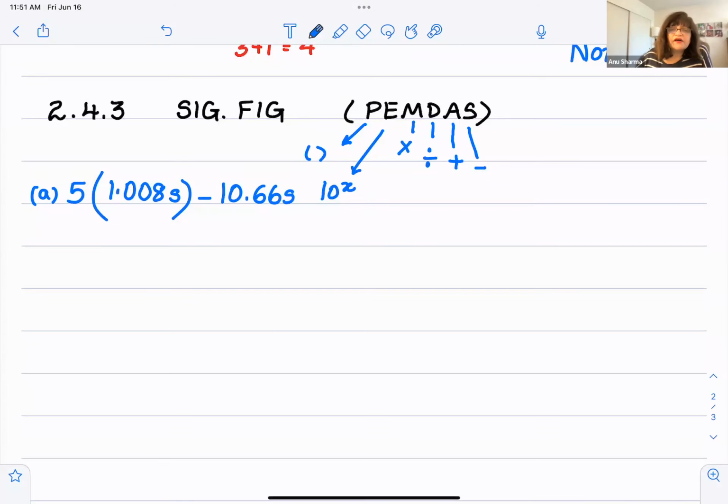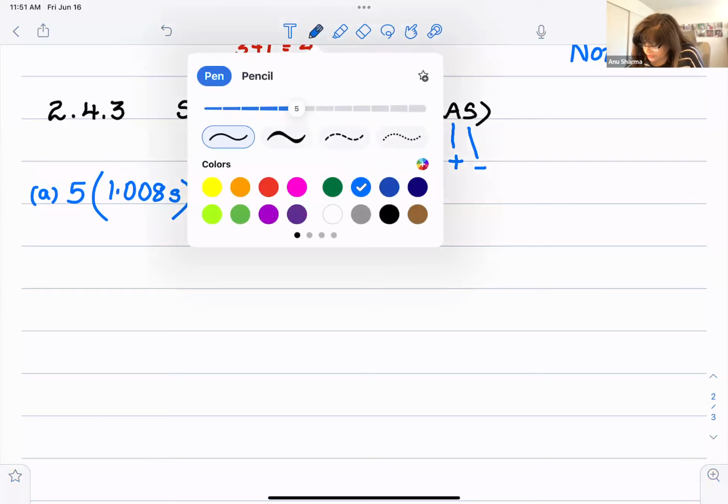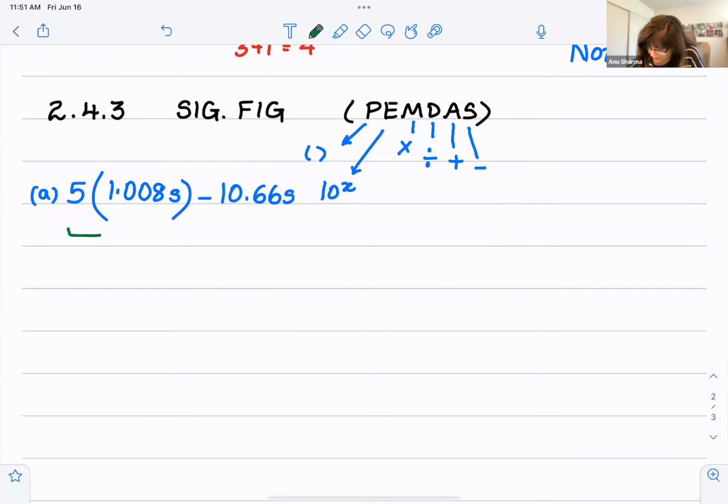All right. So the units are given, which is a good thing. Okay, so what do we do here in this case? We are going to first solve this part, the parenthesis. So this is multiplication. So this means 5 multiplied by 1.008. Multiplication first, and then subtraction comes in the end.